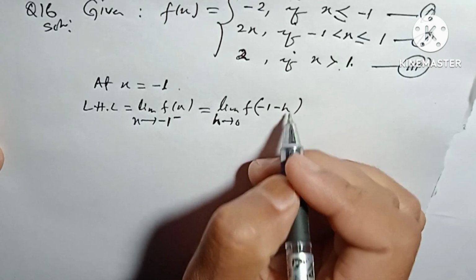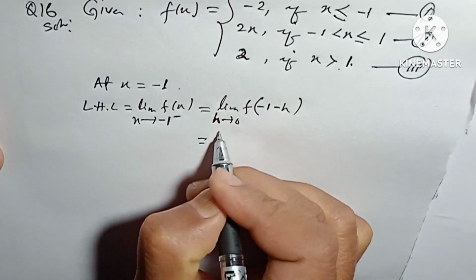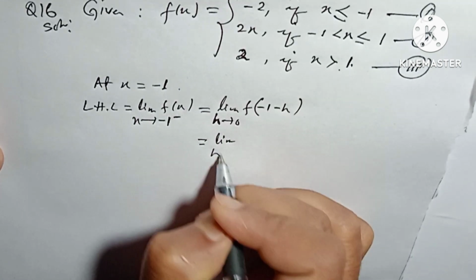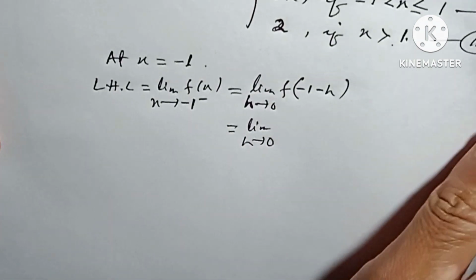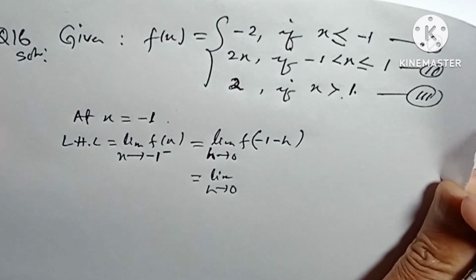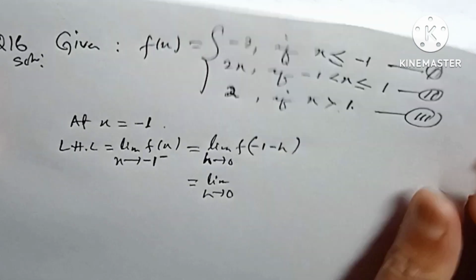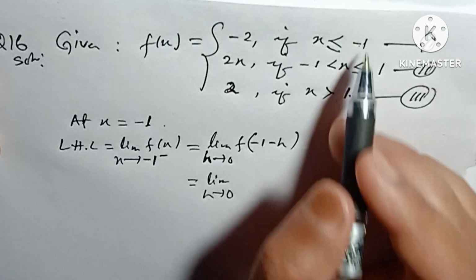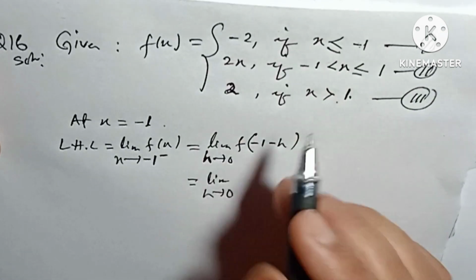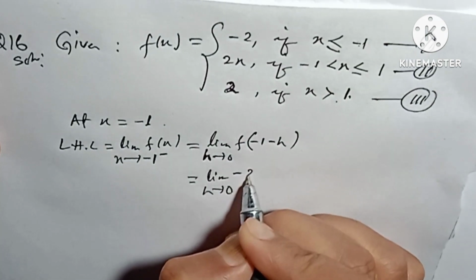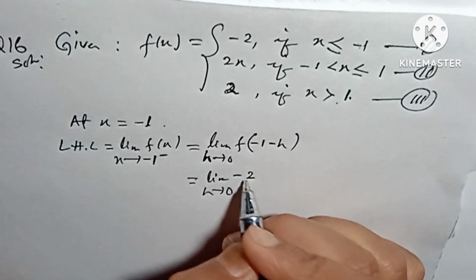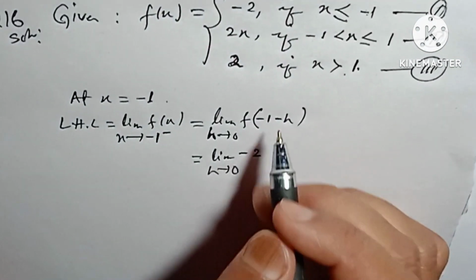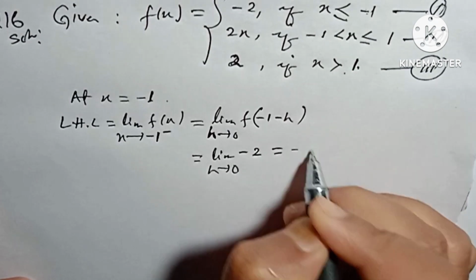For the left side of minus 1, that means x is less than minus 1, f(x) is equal to minus 2. So f(x) is equal to minus 2, and the limit is equal to minus 2.